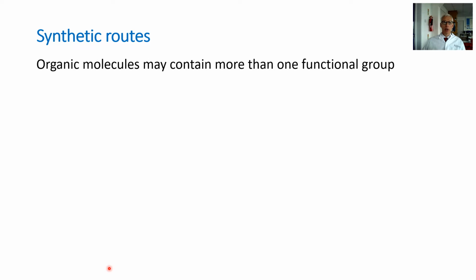So an important aspect of synthesis is obviously the reaction pathway or synthetic route. So just as a preamble to that, you need to be aware that organic molecules may contain more than one functional group. So for example, the molecule here, could you identify the 2 functional groups?